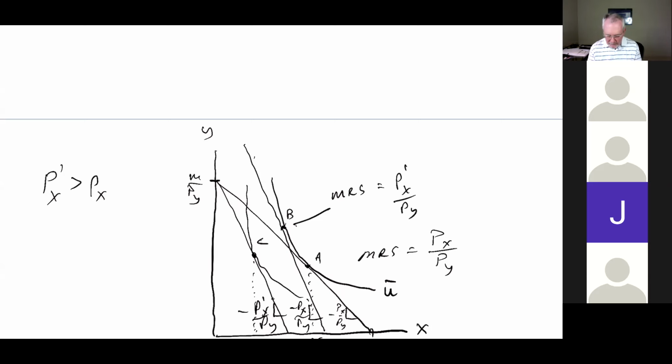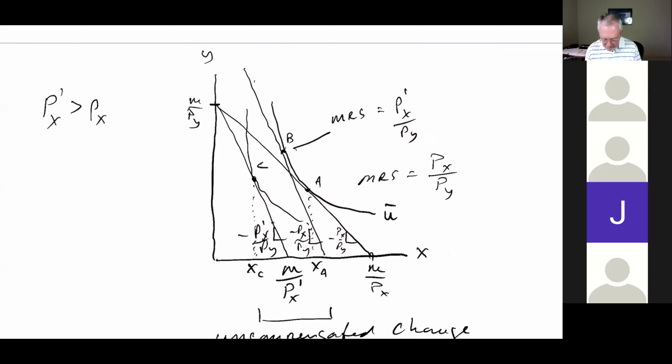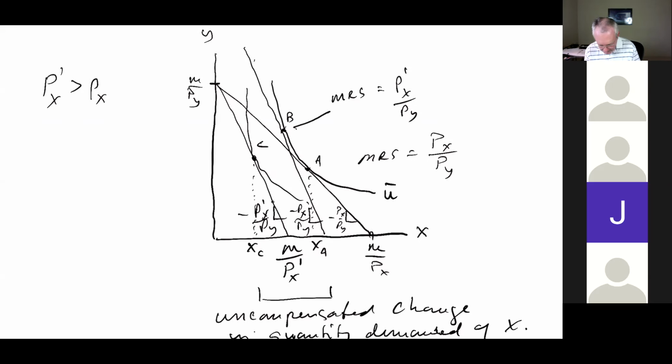And so my substitution effect then is the movement from A to B, or expressing this in terms of changes in X, quantity demanded of X, it would be this movement from X sub A to X sub B. So this would be my substitution effect here. And then the residual must necessarily be the income effect, because the substitution effect plus the income effect make up the uncompensated change in quantity demanded.